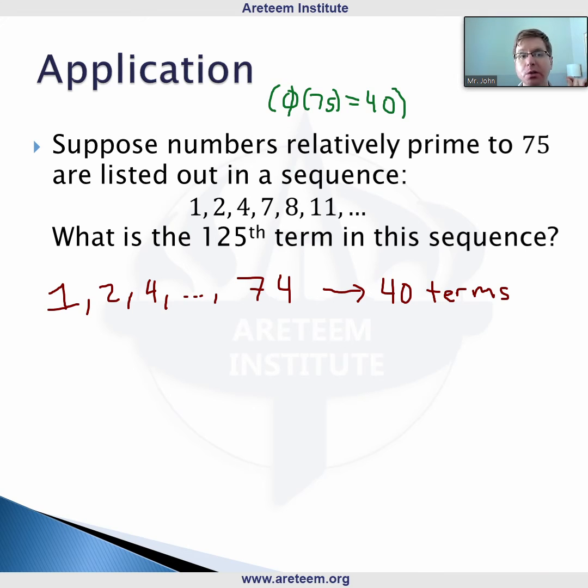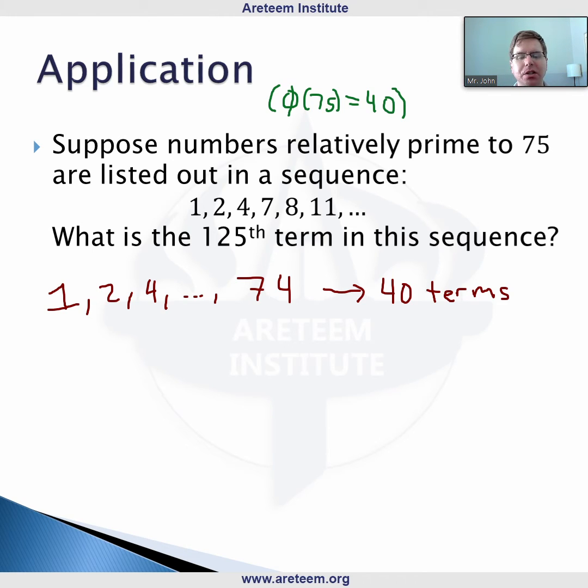Now, here's where things are a little bit more powerful than you may think, like I said. Remember some facts about GCDs. What about 75 plus 1? Because it's 1 more than 75, that's going to behave exactly the same as 1 does with respect to 75, or 75 plus 1 minus 75, which is 1.